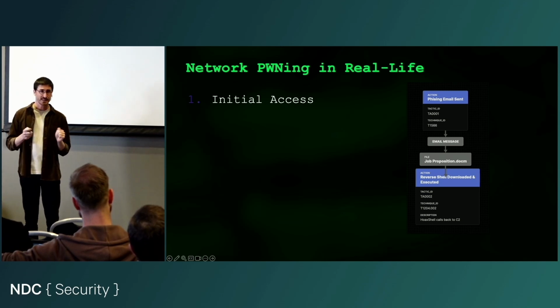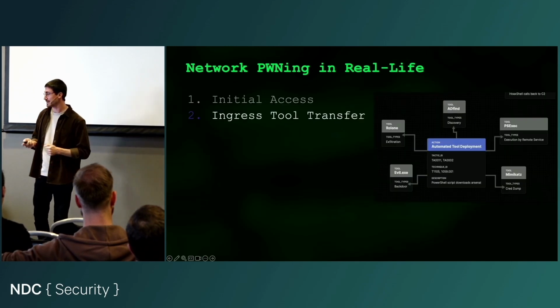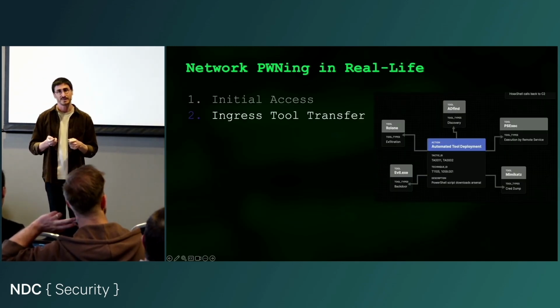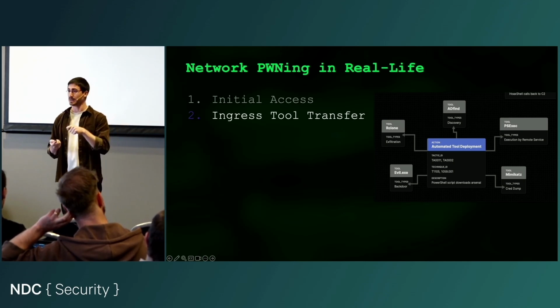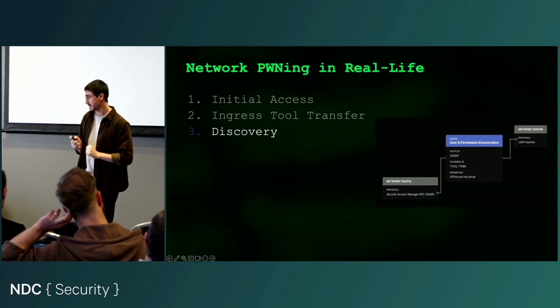There's initial access. In our case, as I said, phishing may be the most common one. Then there's ingress tool transfer. This is when the attacker starts downloading tools onto their patient zero on the network so that they can use it for their further activities.